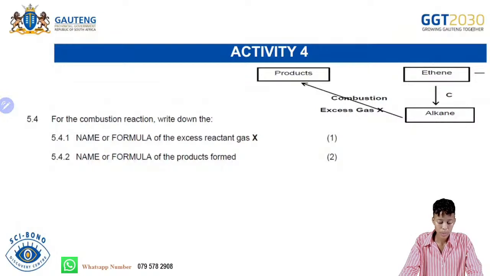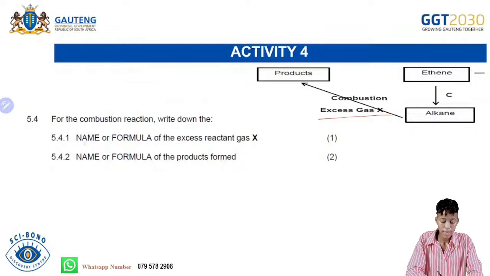Then it says for the combustion reaction, 5.4.1, the name or the formula of the excess reactant. That is gas X. Remember, we said combustion or oxidation reaction. In terms of the examinations, they're asking for exactly the same thing.